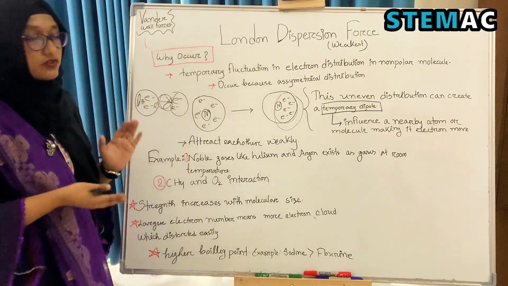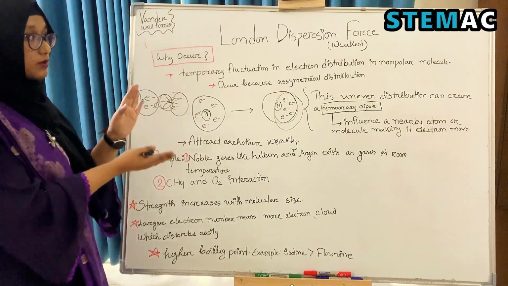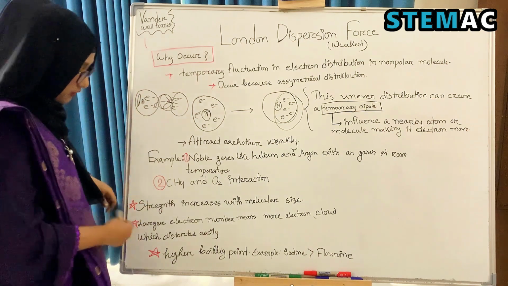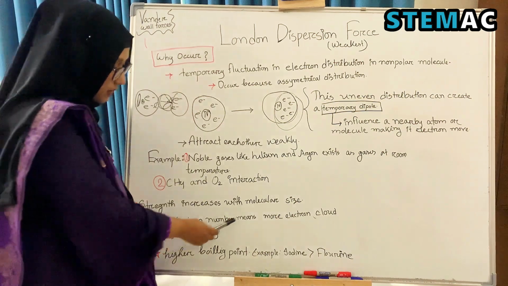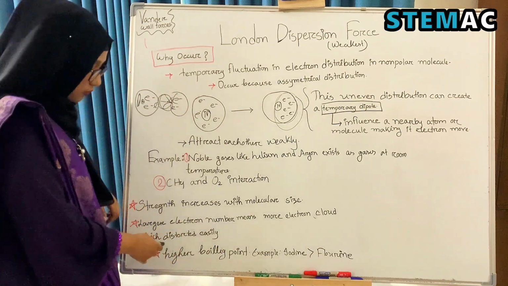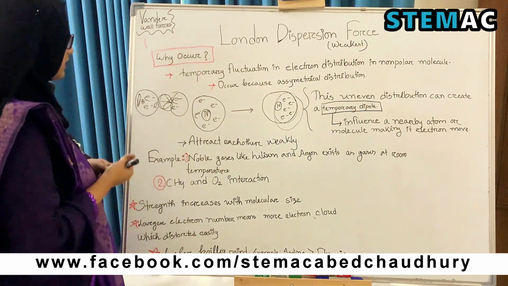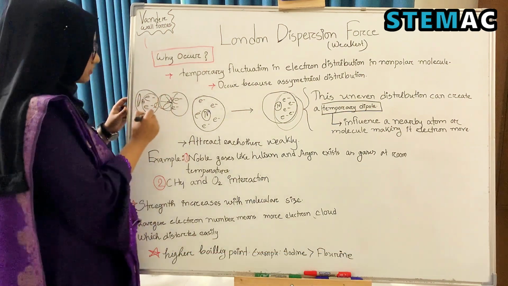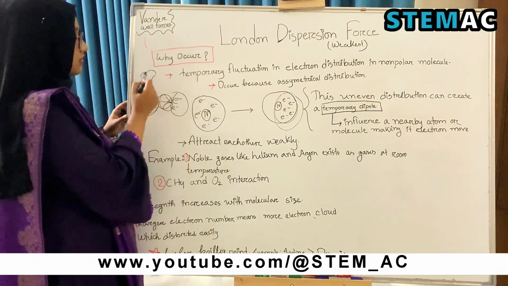The more electrons there are, the more this dispersion force is gonna increase. Another important point: a larger number of electrons means a larger electron cloud, which is distorted easily. So what is the electron cloud here? When those electrons gather here, they form something like a cloud in the sky.